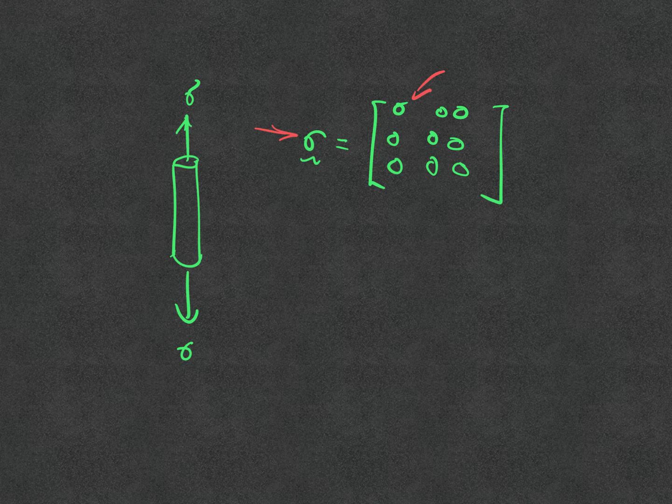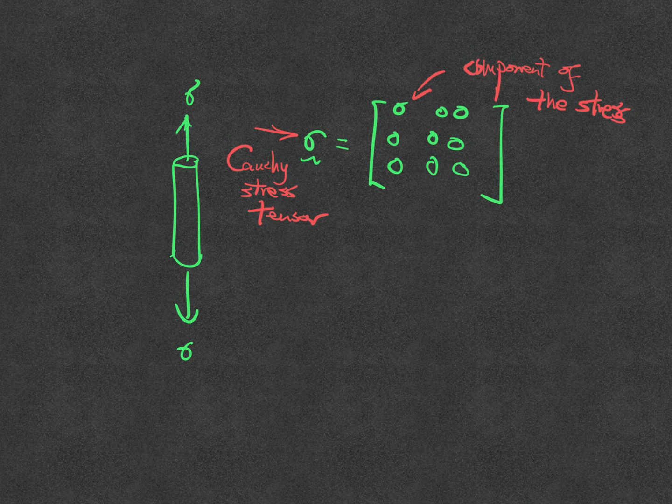This sigma, with the underlined symbol, is a Cauchy stress tensor, and this sigma is just a component of the stress that you prescribe in the experiment.